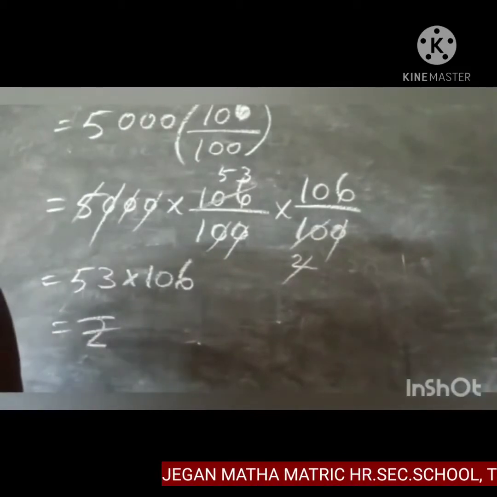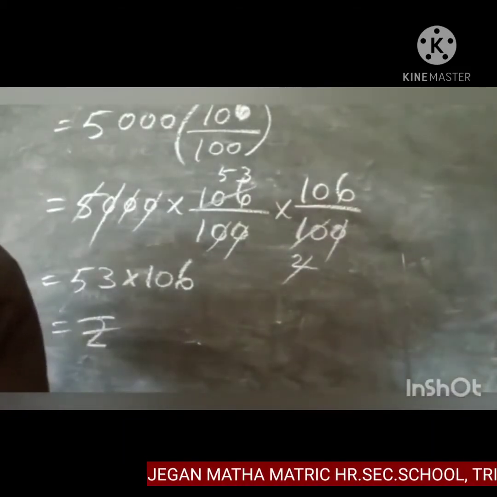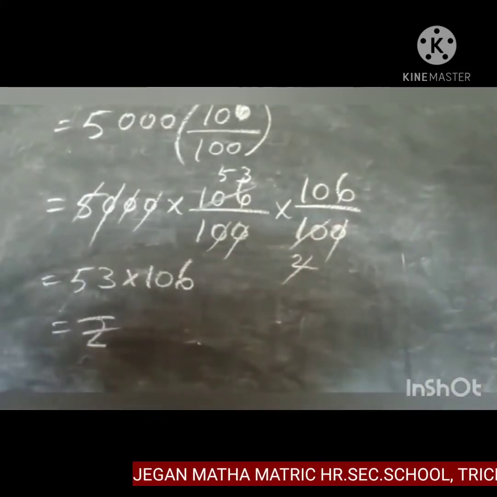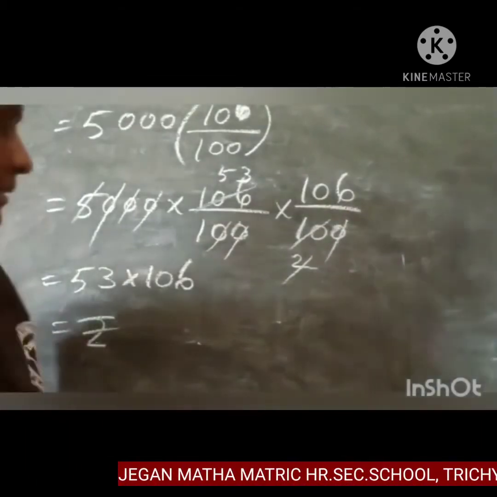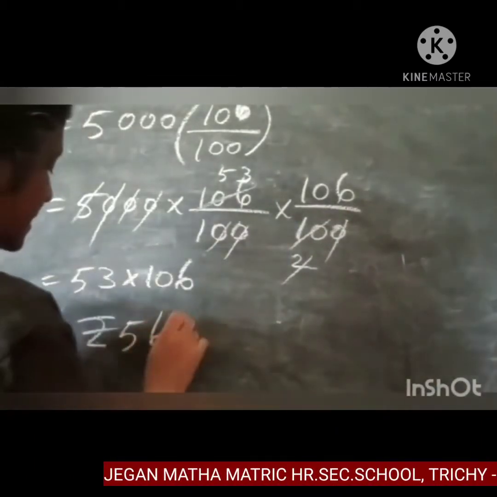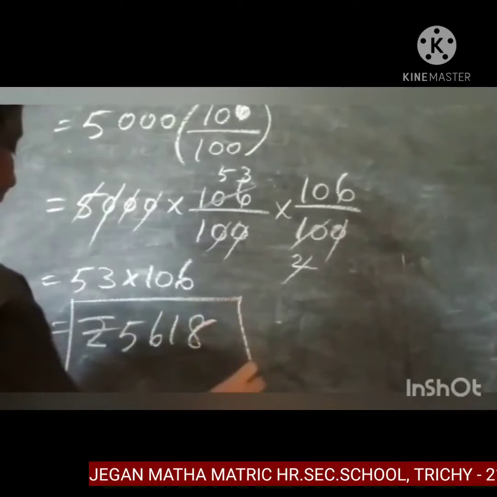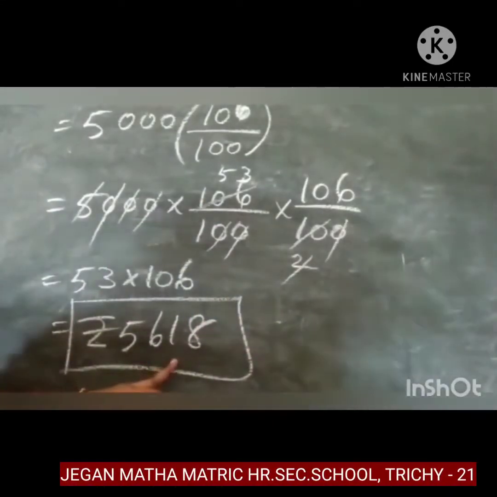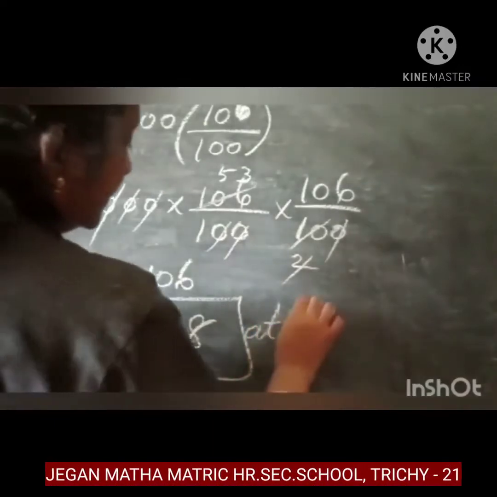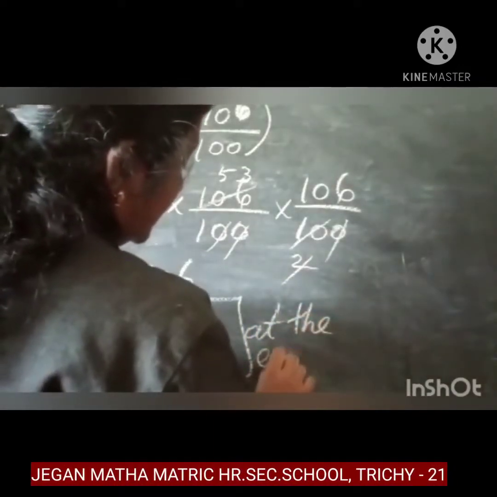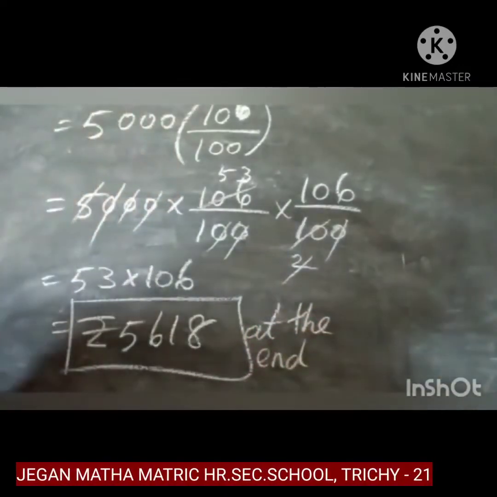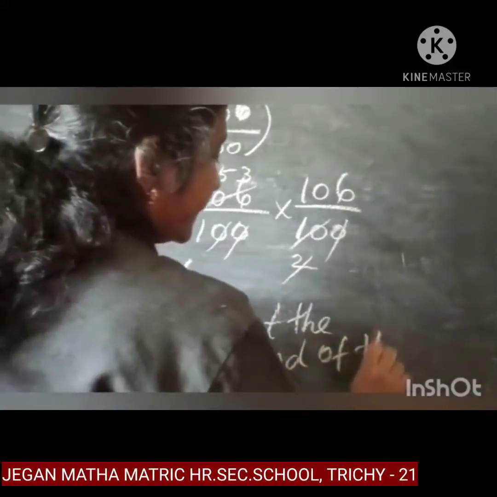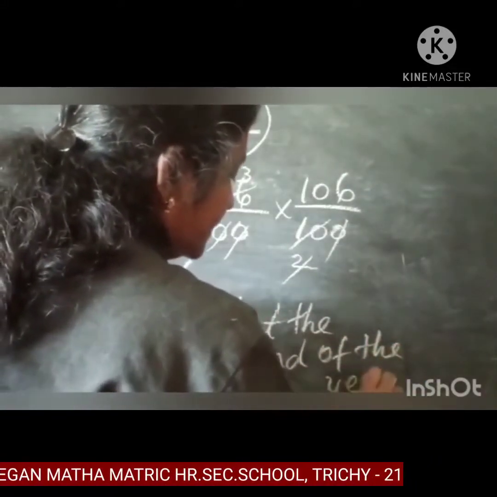Find the amount he gets at the end of the year. So we get rupees 5,618 at the end of the year. This is the final answer. Is it clear?